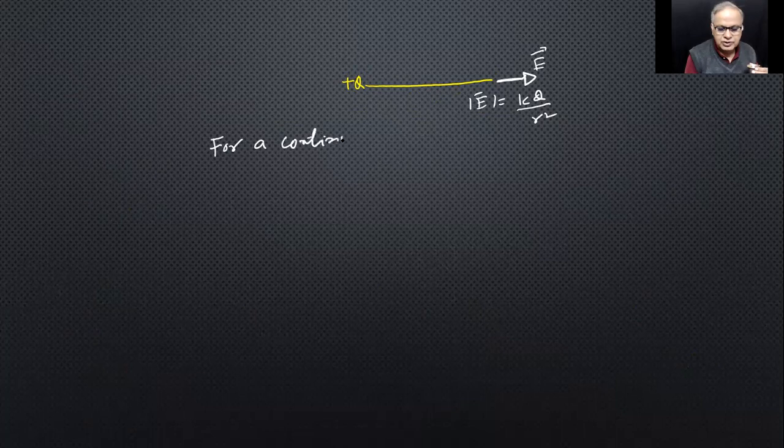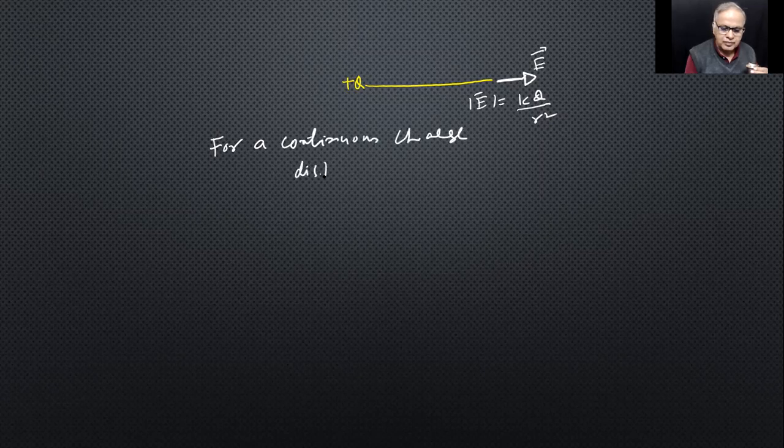For a continuous charge distribution, we'll find dE first. But dE is because of dq.